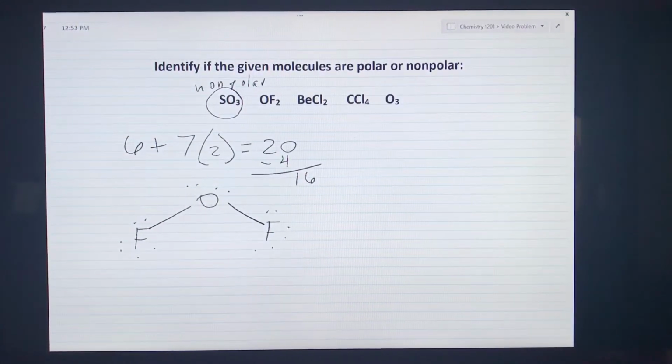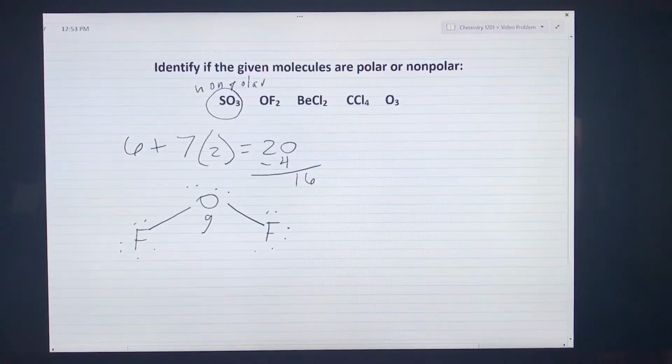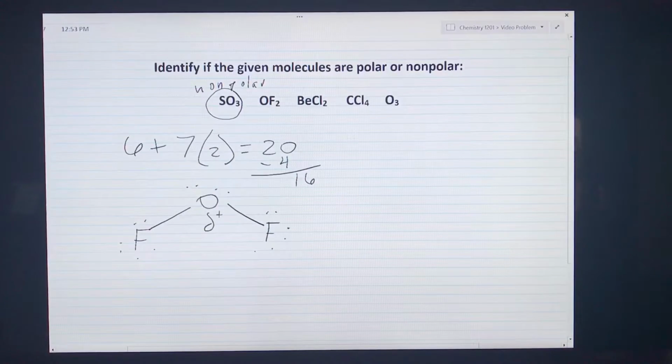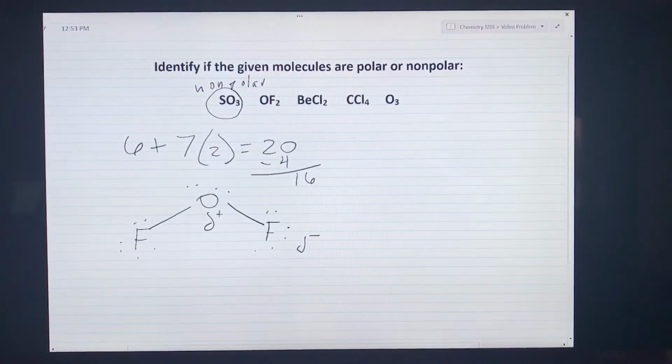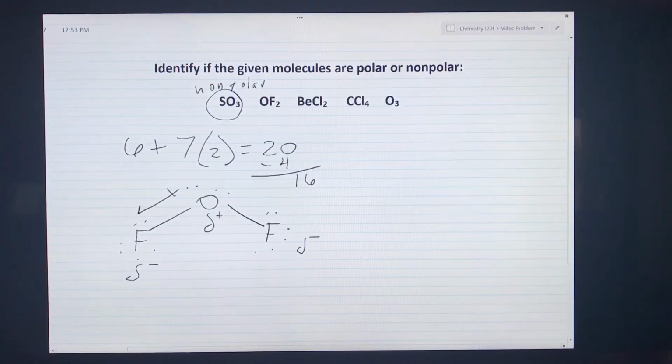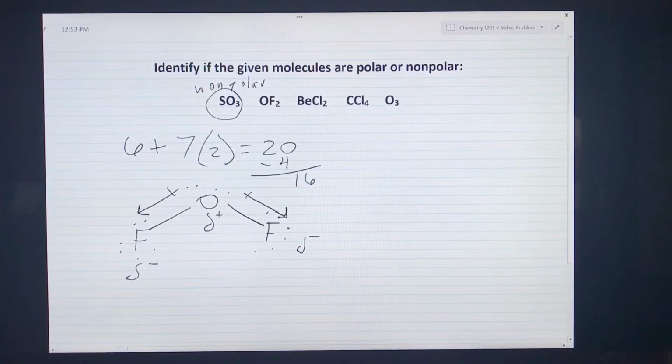And so oxygen has the more partial positive charge, and fluorine is the more electronegative, so it would be more partial negative. And dipoles would point towards the more negative atom, like that.